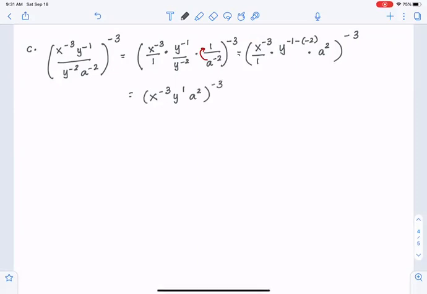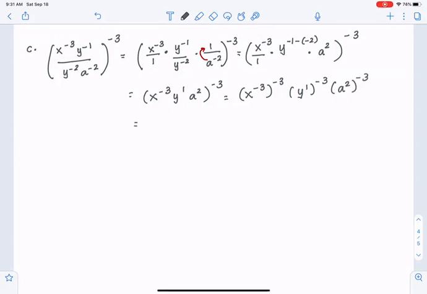We have 3 different terms, but under the same power, which is -3. So we can apply that -3 to each of those terms. So x raised -3 raised -3, y raised 1 raised -3, a squared raised -3.